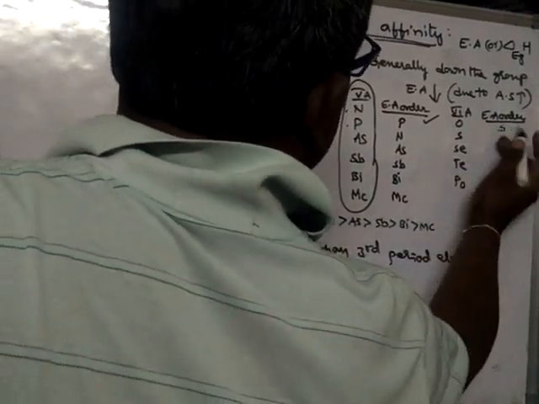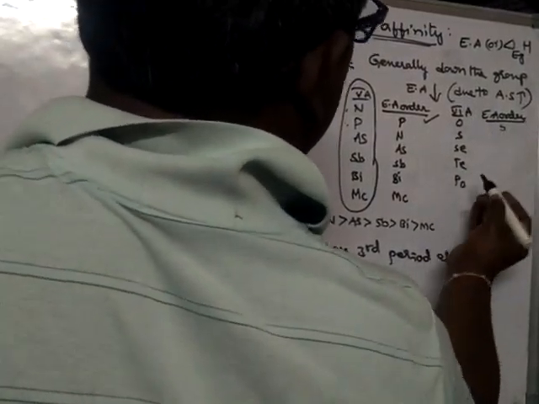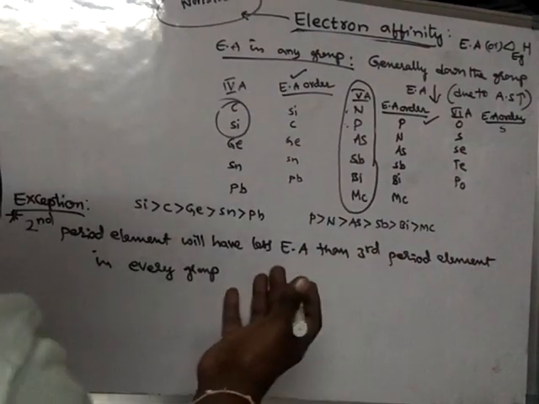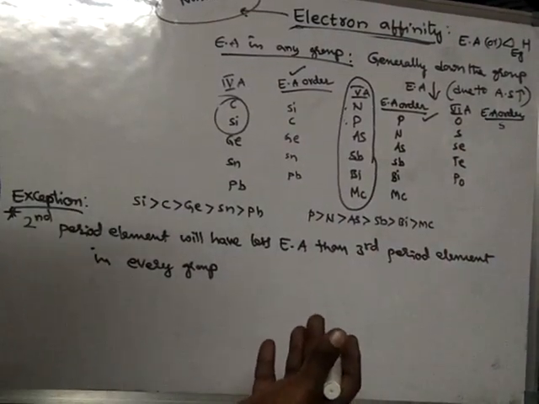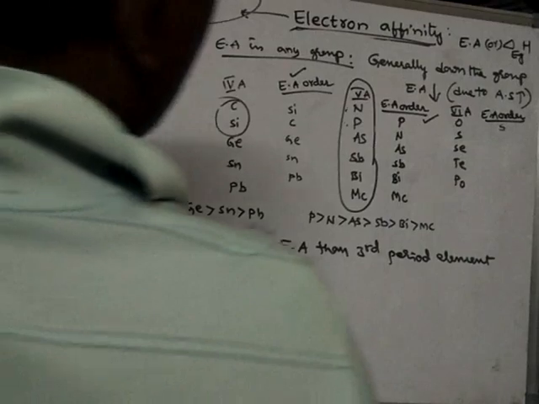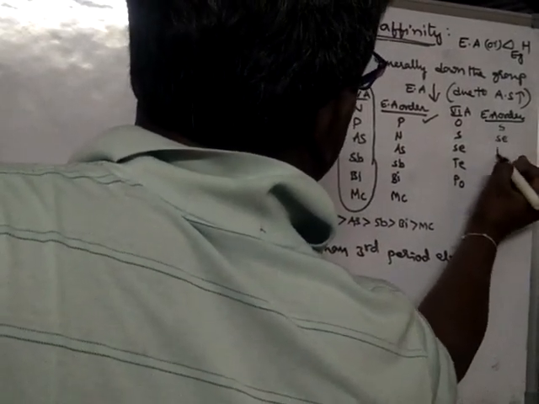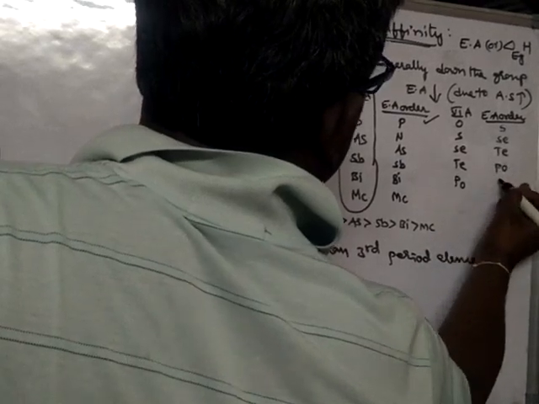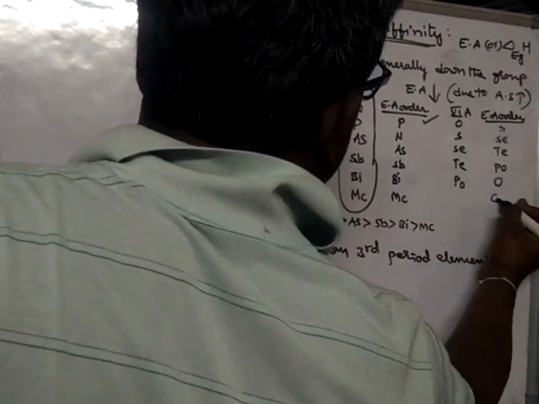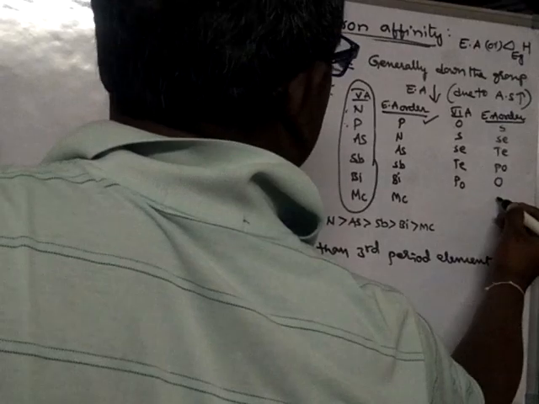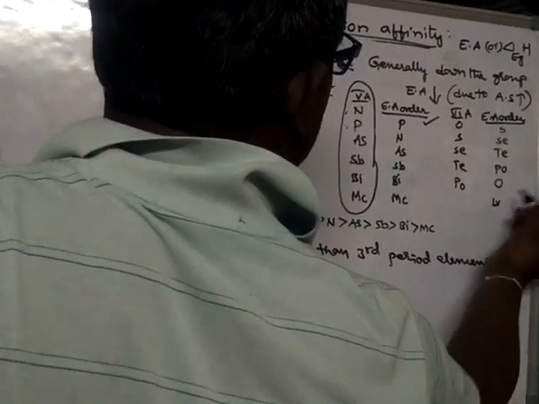So here sulfur is a third period element of sixth A group. It possesses the highest value of electron affinity among sixth A group. So sulfur will stand first. Next to sulfur are selenium, tellurium, polonium, oxygen and livermorium.